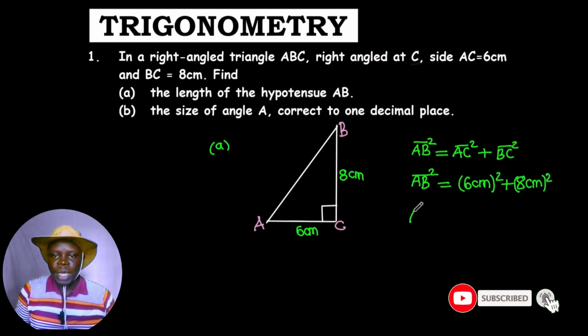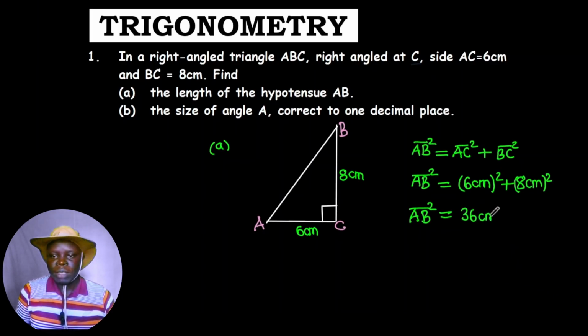Now, when we square 6, we get 36, and the square of centimeter is also centimeter square. Squaring 8, we get 64, and squaring this centimeter, we get centimeter square. Let's add them together, and we have AB square is equivalent to 100 square centimeter.